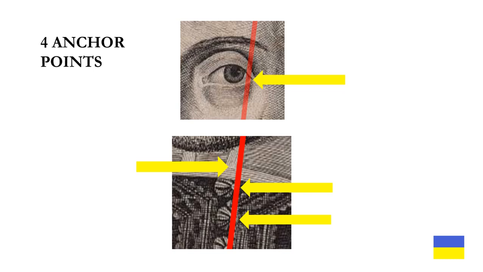It clips the top button and it goes straight through the middle of the second button. Therefore, we have enough anchor points to show that this line is probably what we are supposed to look for.